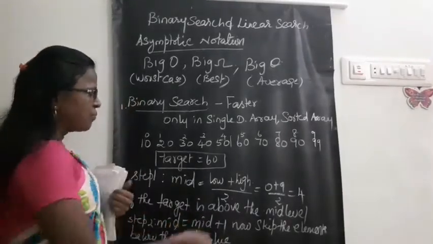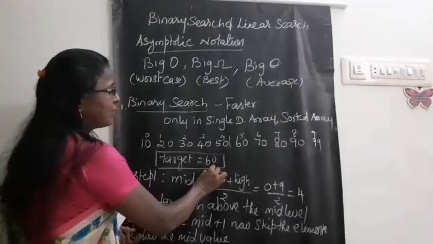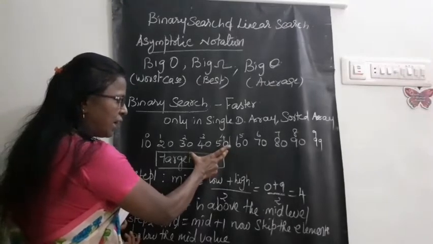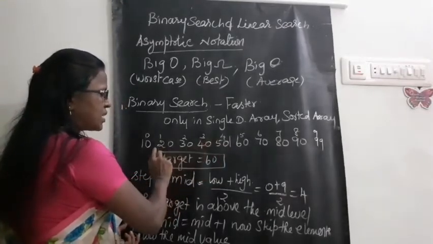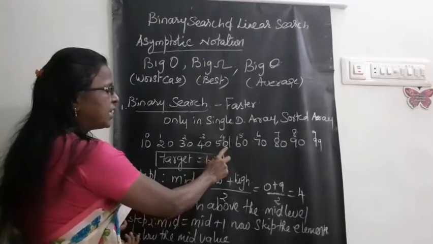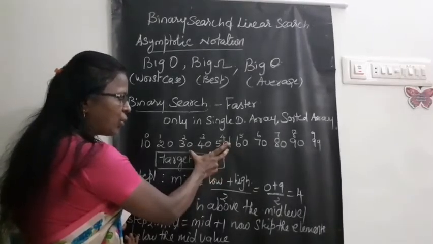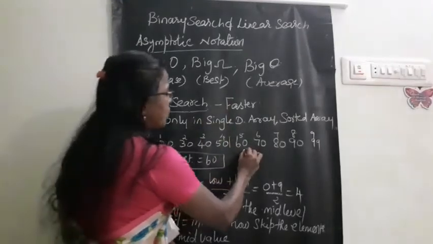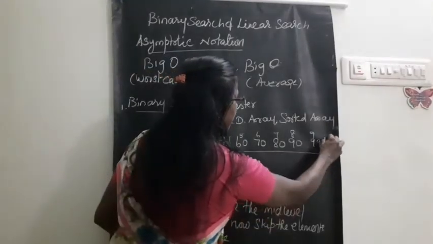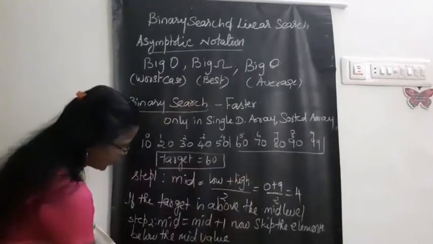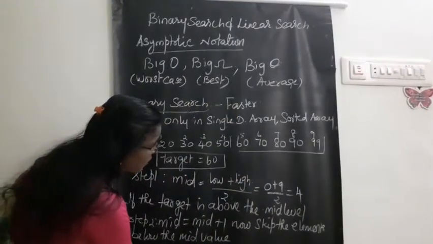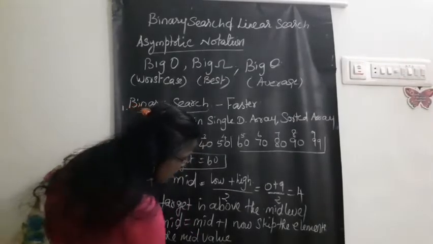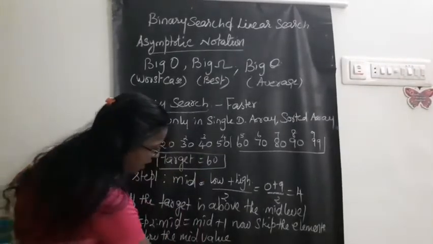The target will not be found in the earlier positions, so we leave the elements 10, 20, 30, 40, 50. These elements are ignored by the searcher. Now we have a newly arrived array: 60, 70, 80, 90, 99.